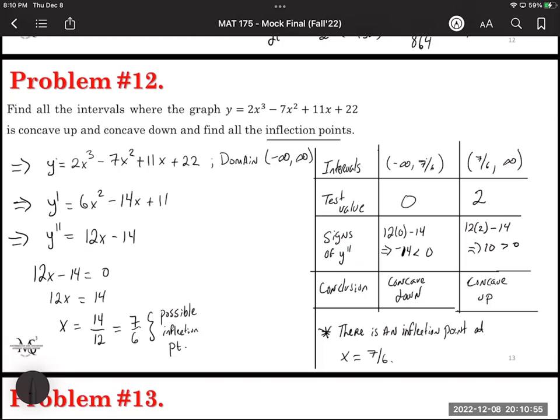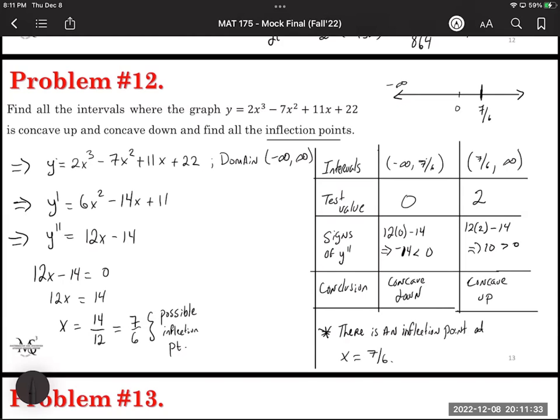Questions? Yeah, just one question. How did we determine the test values to be 0 and 2? Because they're contained inside of those intervals. If you think about your number line, our domain was from negative infinity to infinity. Let's say your center is 0, then 7/6 should be somewhere here. So from negative infinity to 7/6, 0 is a test value because it's in the interior of that interval.